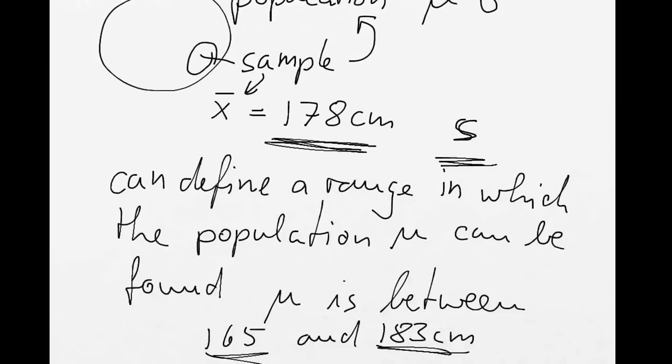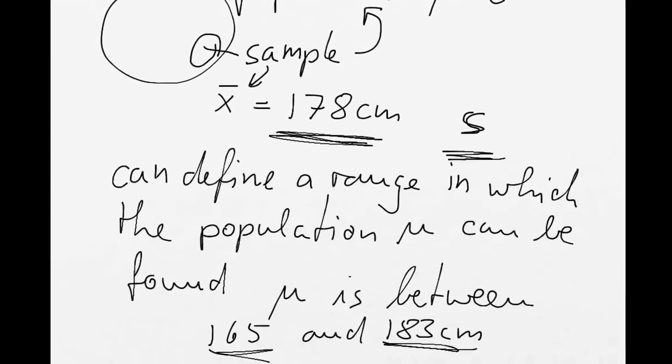And of course, if I make this range very big, if I say the average height of all the students on campus is between 40 centimeters and 310 centimeters, this would probably span where my population mean is, but it doesn't tell me a lot.